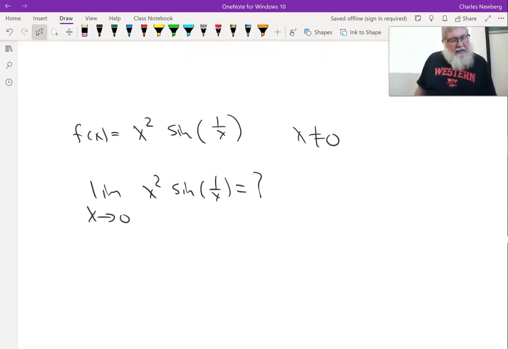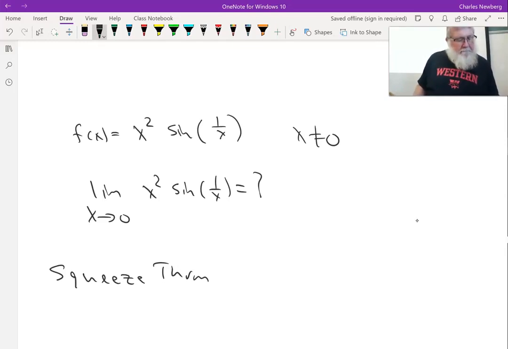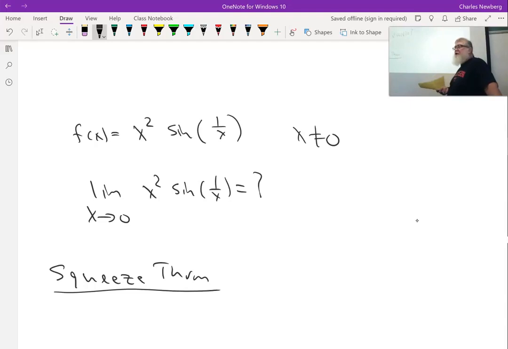All right. And we need what's called the squeeze theorem. Or sometimes you'll hear me call it sandwich theorem because it has 2 different names depending on which textbook you use. All right.